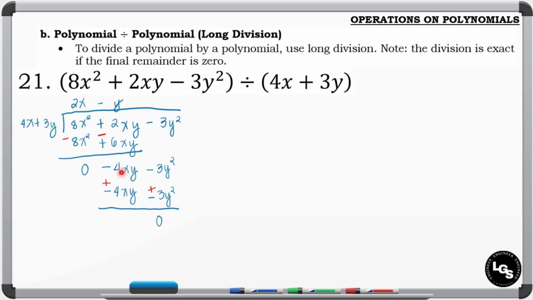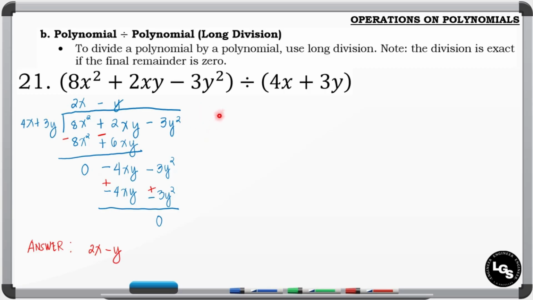Negative 4 plus positive 4, that is also 0. So we have a remainder of 0, so we call this exact division. So meaning, our answer here is the quotient itself without the remainder. So the answer is 2x minus y.